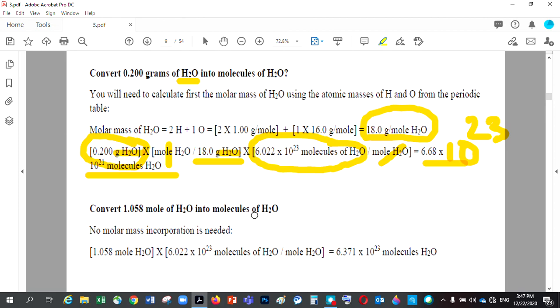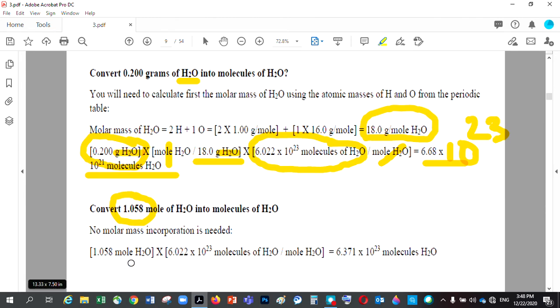Okay. Another example, convert moles into molecules. I have these moles here. The question: do I need the molar mass? The answer is no. I don't need the molar mass of H2O this time. Why? Because if I have moles, I just multiply, because Avogadro's number is molecules per mole, or atoms per mole, or ions per mole, formula units per mole.